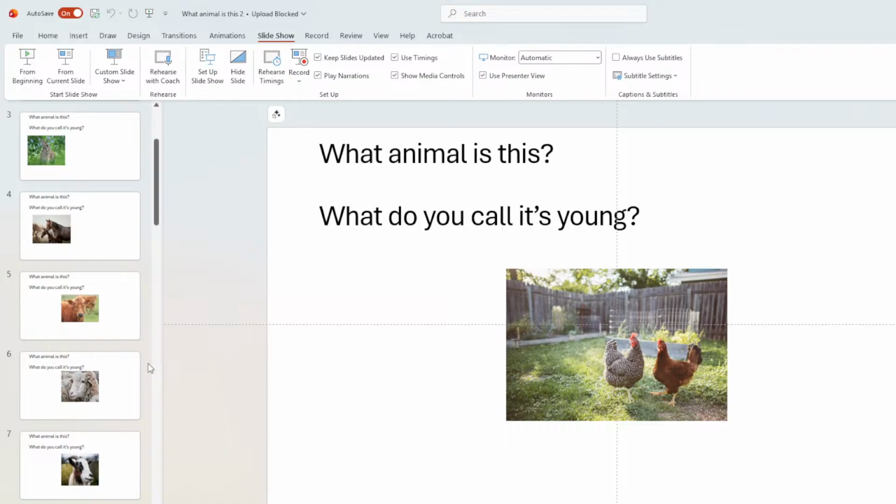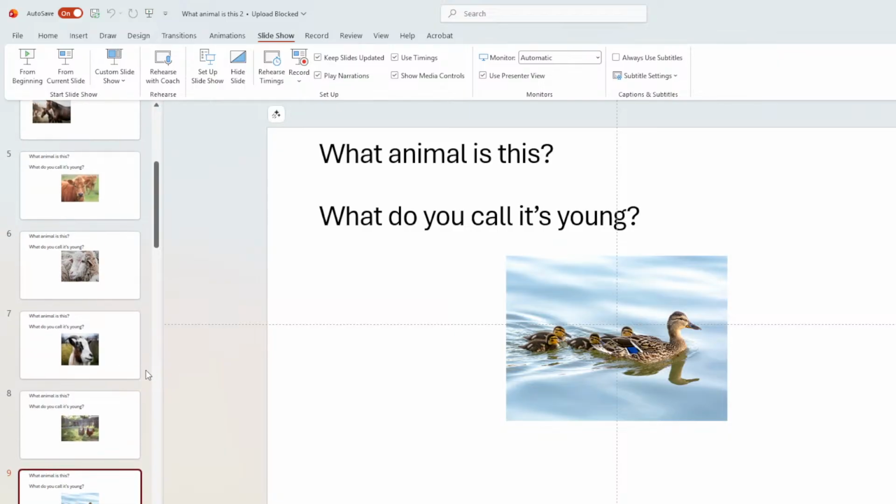All right, so the young one of a hen is called a chick or chicken. Chick, right? The little chicks that you see. Some people call them chick, some will call them chicken, but that's one and the same thing. All right, let's move on.